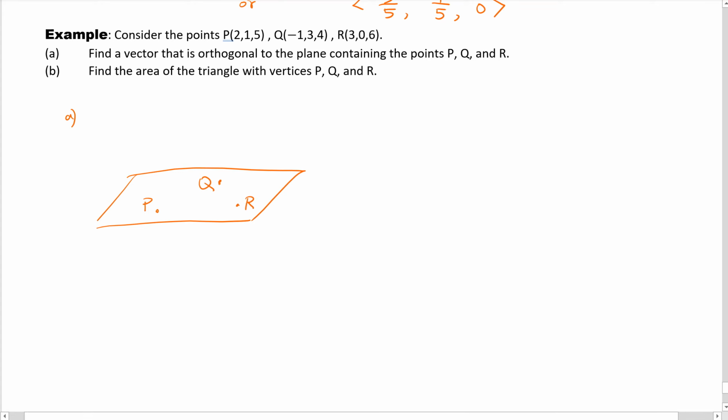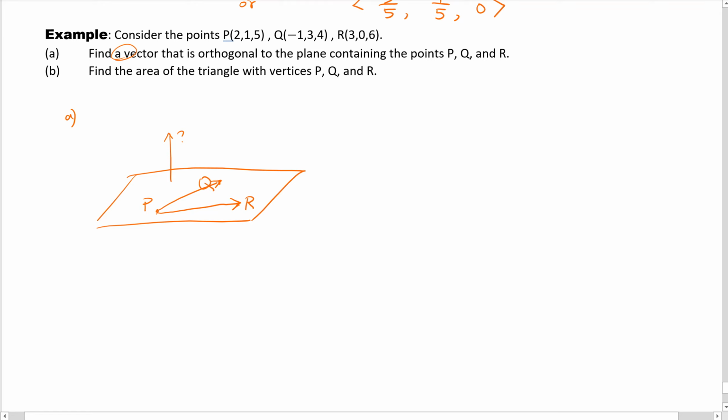Three points can give us some vectors. We can form the vector PQ and we can form the vector PR. Now how can you find a vector that is orthogonal to the plane? Well, how can you find a vector that's orthogonal to PQ and PR? Consider their cross product.